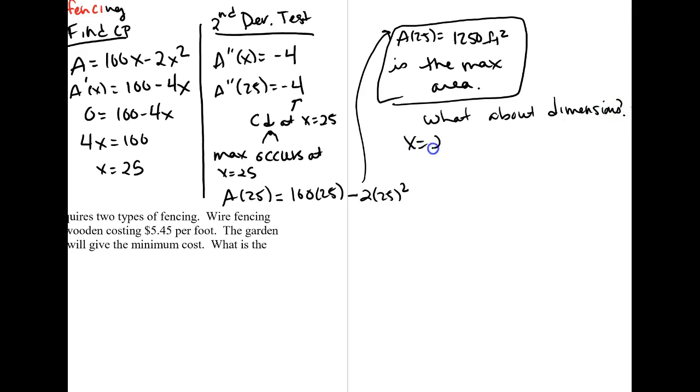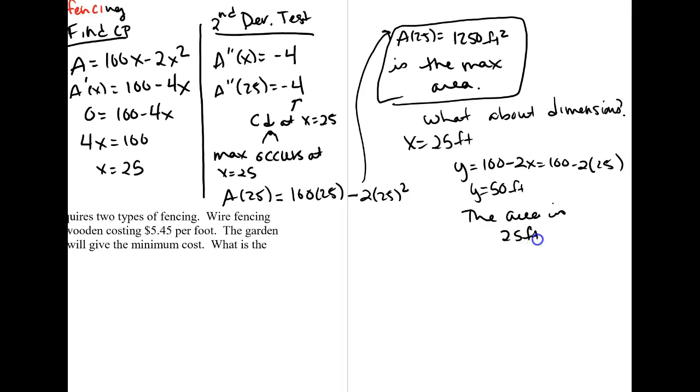Well, we know x is 25 feet, and we know y is 100 minus 2 times the x. That's 100 minus 2 times 25, so y was 50. So the dimensions are 25 feet by 50 feet.